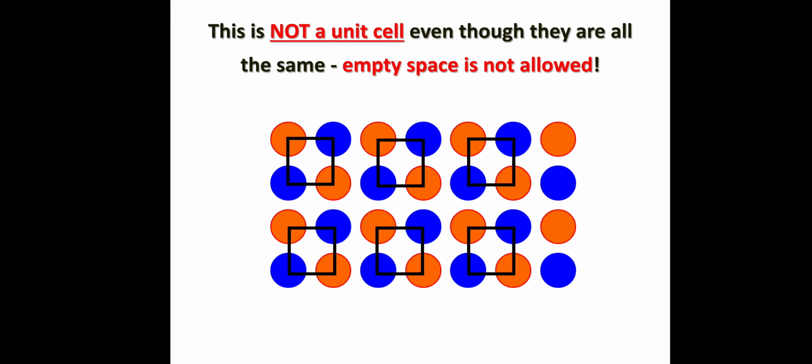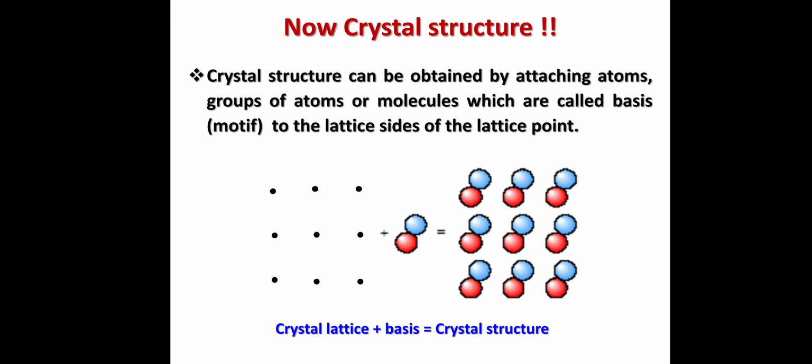You see, the same atom arrangement I have taken, but this is not a unit cell, even though they are all the same, because empty space is not allowed. So again I am recalling the crystal structure.